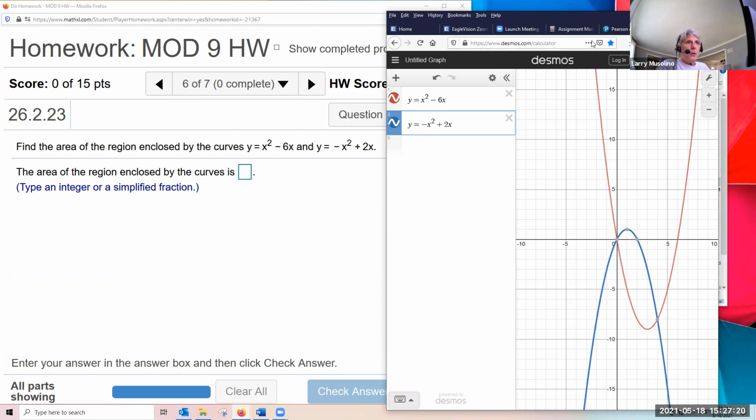You can see from the graph that this blue curve is on top and the red curve is on the bottom. So this is going to be the top curve, right? Because the blue was the negative x squared plus 2x. So this is the top curve. And the bottom curve is going to be this x squared minus 6x.